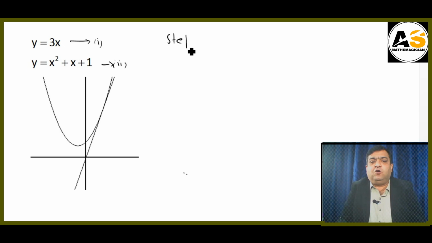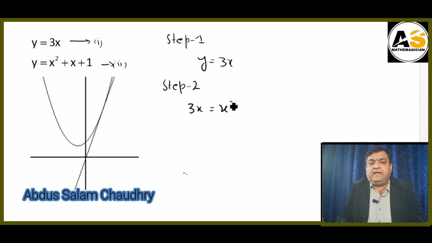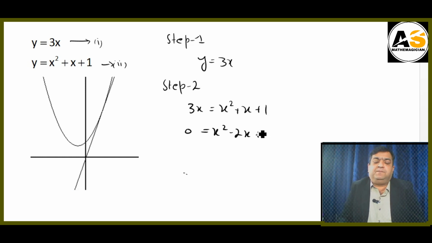We perform step 1. Step 1 is already performed. Y is exclusively a function of x. In step 2, we will put this value of y in the quadratic equation, and ultimately we will obtain x square minus 2x plus 1. Over here, a is equal to 1, b is equal to minus 2, c is equal to 1, and the discriminant will be b square minus 4 into a into c.